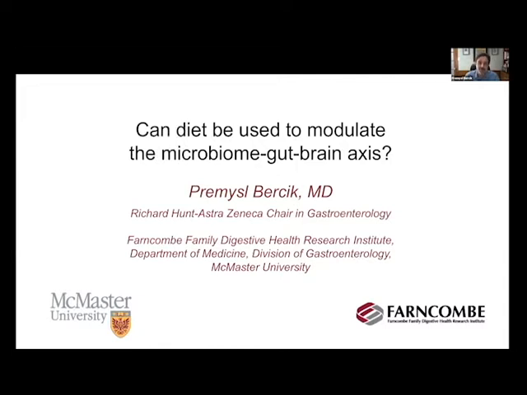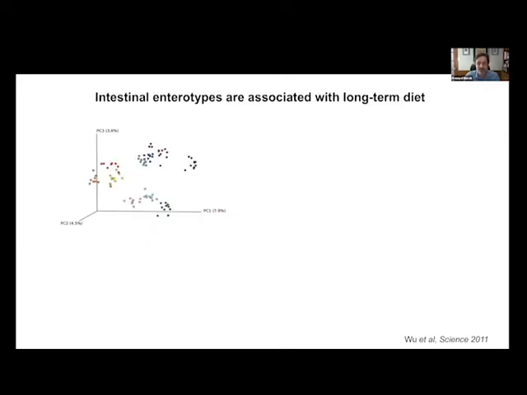However, I will try to give some overview and maybe some examples, especially show some new data. So I would like to start by showing that diet is one of the main determinants of microbiota composition and also function. This is one of the first seminal studies, from Gary Wu, who studied how short or long-term diet affects microbiota composition in healthy volunteers.